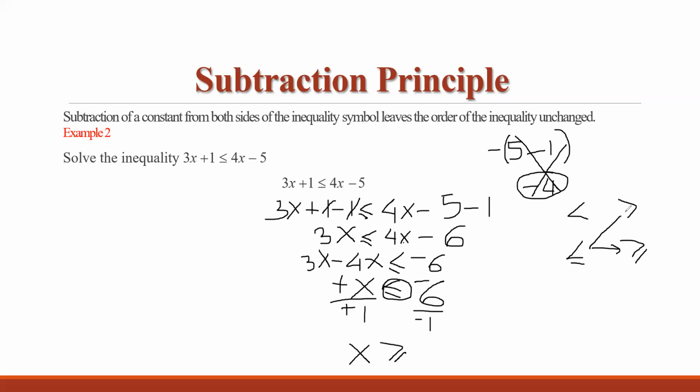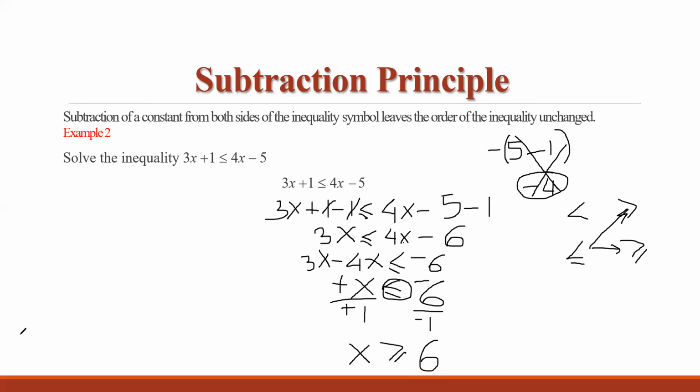I don't change it to this, just change it to this one. If it is less than or equal, we change it to greater than or equal. So we get negative 6 divided by negative 1, which is 6. So the answer is x greater than or equal to 6.